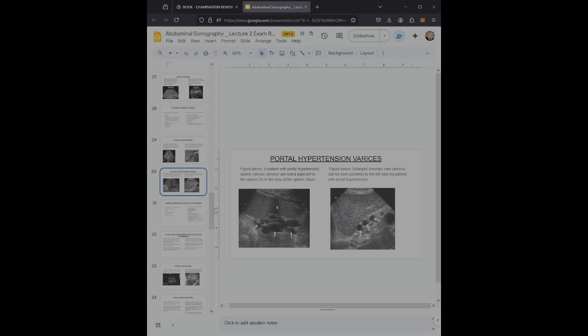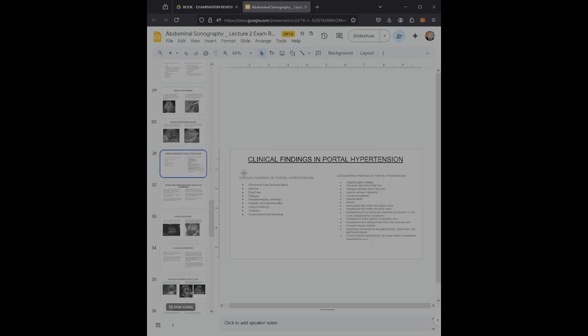So the clinical findings, we've gone over that for portal hypertension, and we can list the sonographic findings.